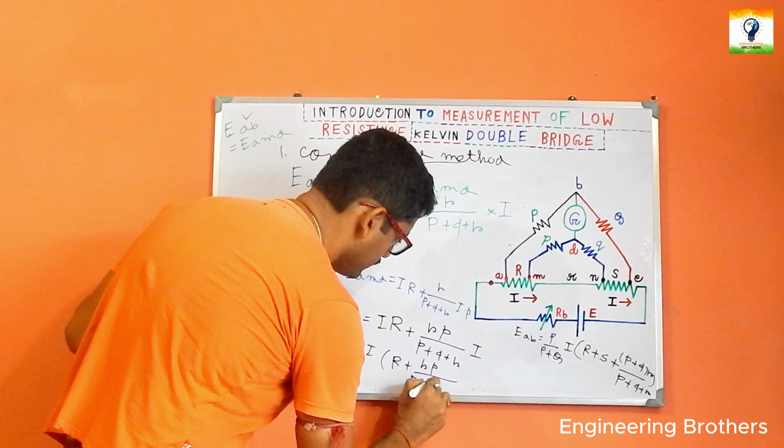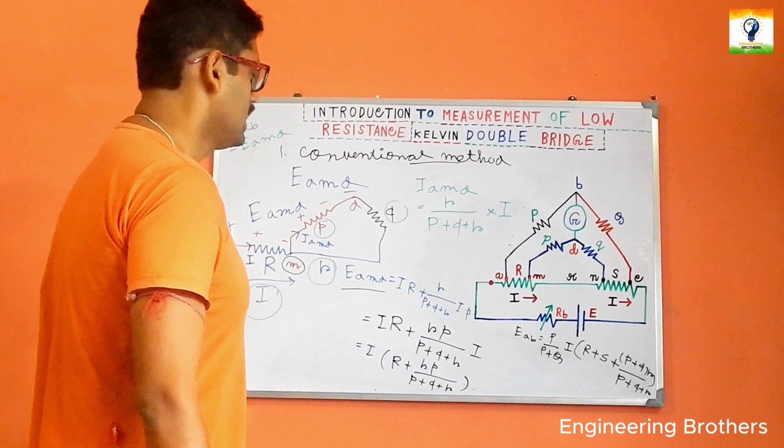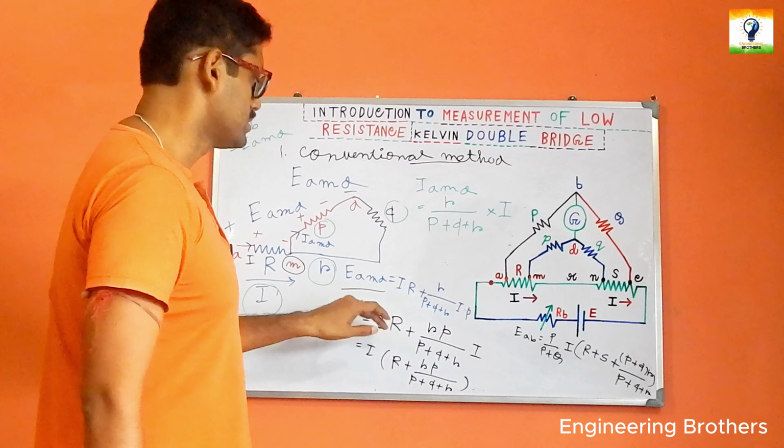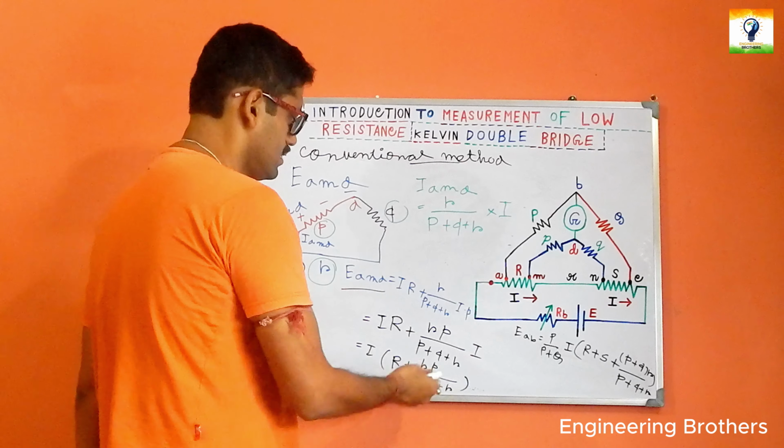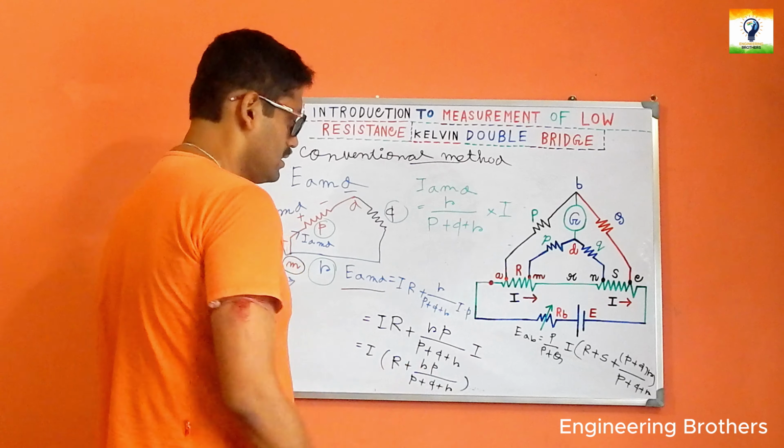In our next part, we will equate this EAB and EAMD over here, and what is the exact objective for that, we have already considered over here in our present condition. So I'm just going to give you some amount of time to think about this current division path and how I reach that IMD over here. I have just replaced that portion over here, and I have shown you how to get to that consideration.